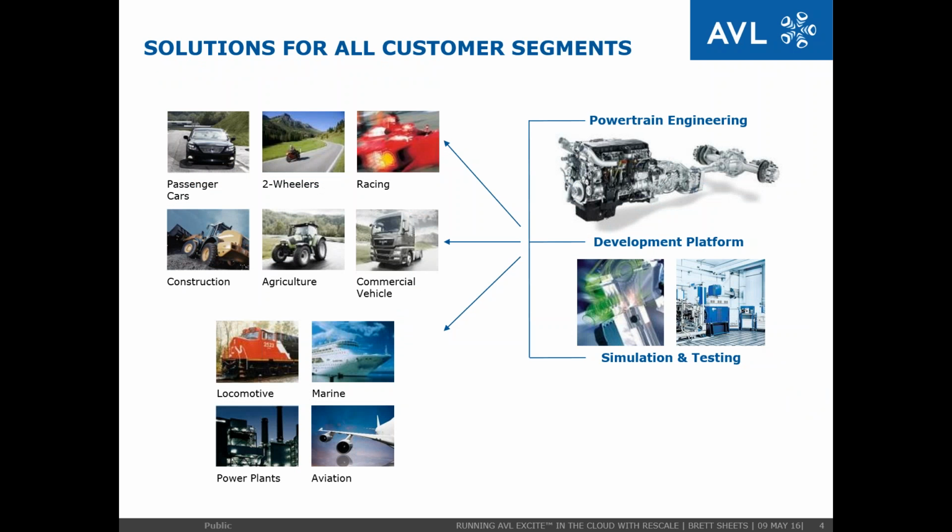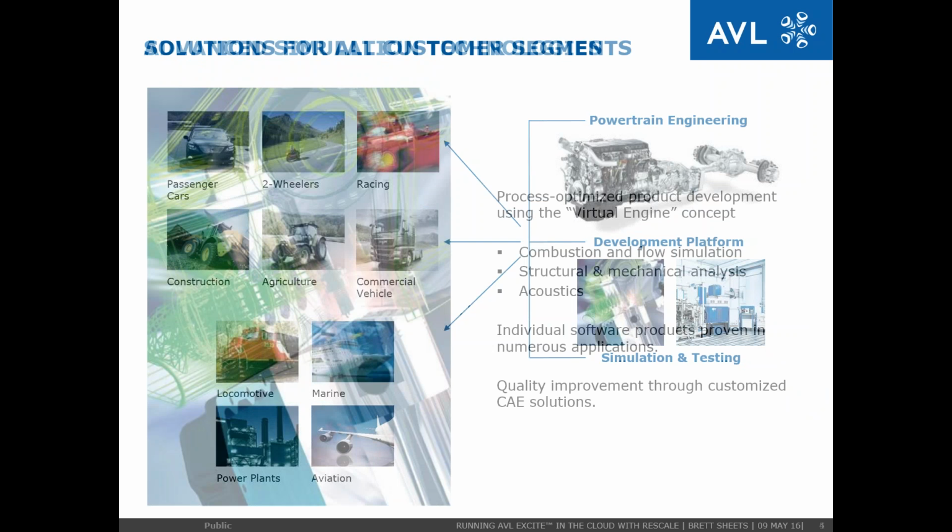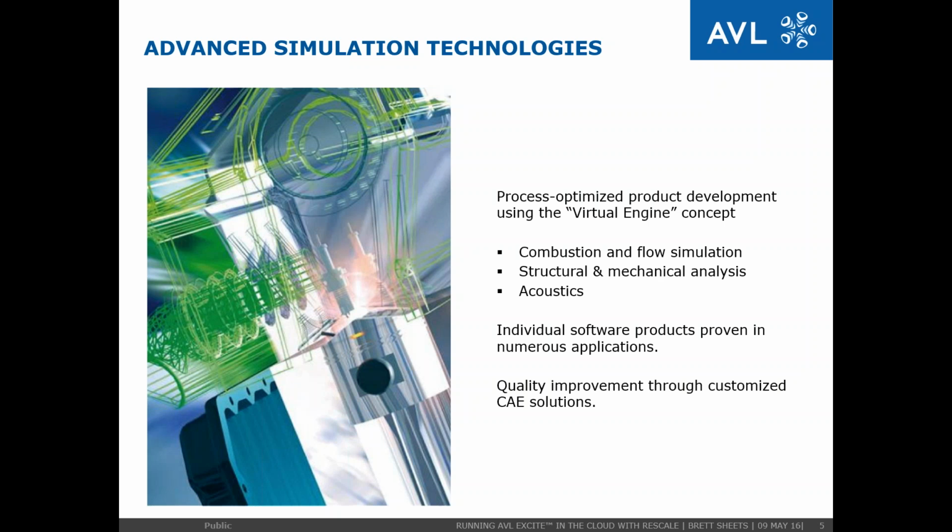We have 3 main units at AVL that are all related to powertrains. We have powertrain engineering, we have development platforms for doing testing, and the group that I'm with is a simulation technologies group. In the simulation technologies group, we have process optimized tools for doing virtual engine simulation.